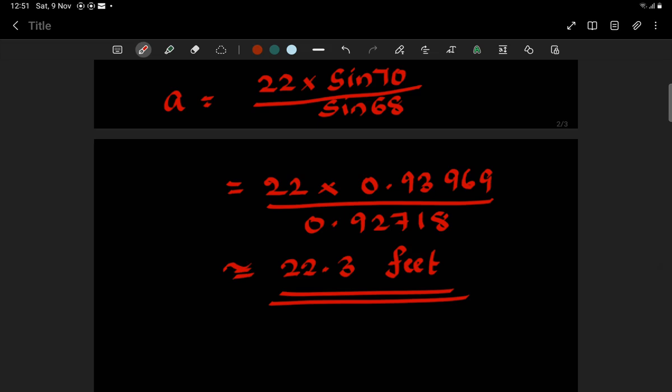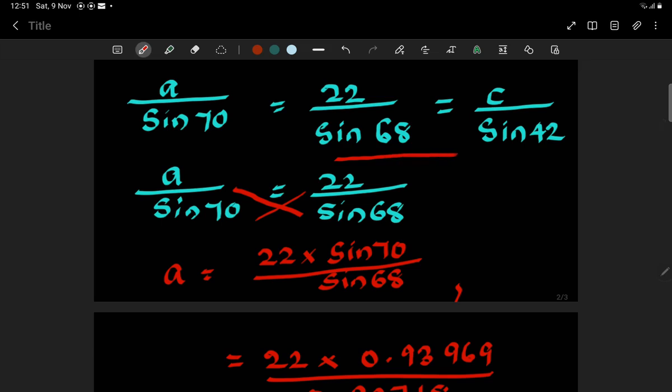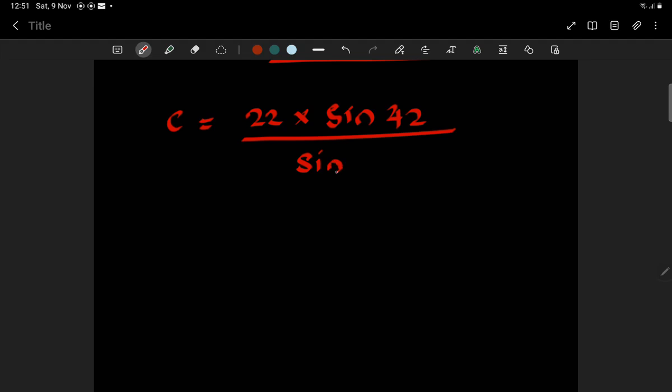In the same method we will calculate small c also. We use the last two conditions: 22 divided by sine 68 is equal to c divided by sine 42. In the same way, cross multiply: c is equal to 22 multiplied by sine 42 divided by sine 68.